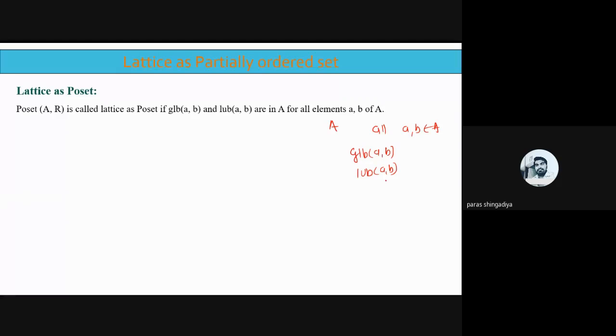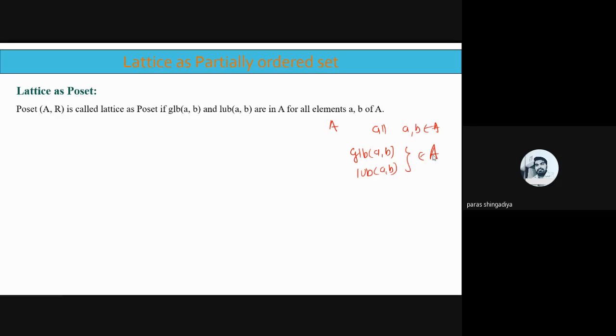The answer of GLB of the two numbers and LUB of these two elements a and b should belong to the A again, ठीक है. So if it is satisfied, then we can say that this (A, R) is called the lattice as a poset. क्या चेक करना है हमें, GLB of (a, b) and LUB of (a, b) for all possibility of (a, b), ठीक है. Answer should also exist, okay, belongs to the A.